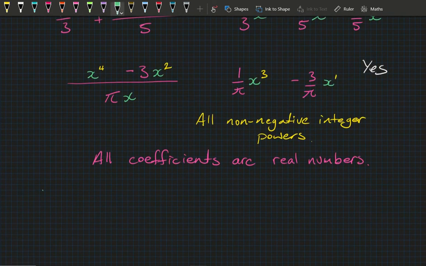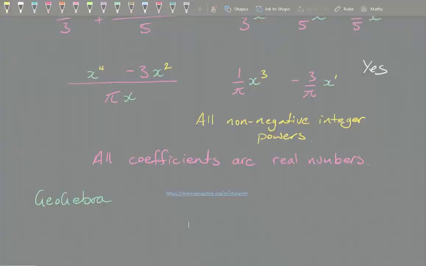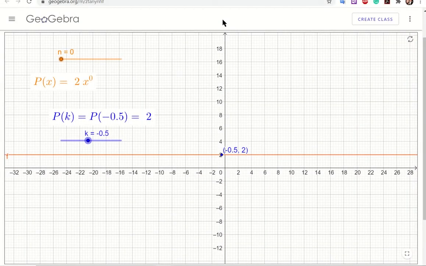Now I'd like to pop over to GeoGebra using this applet just to have another look at polynomials. Okay, it's not going to be easy to prepare what I'm going to say here because I've created this applet with random numbers for the coefficients. However, it shouldn't matter too much because I just want to give you a broad description of what a polynomial is, and I've made sure that they're all integers and the first one's not going to be 0.